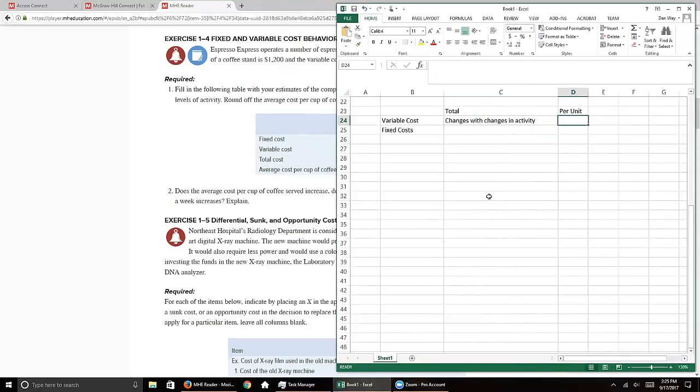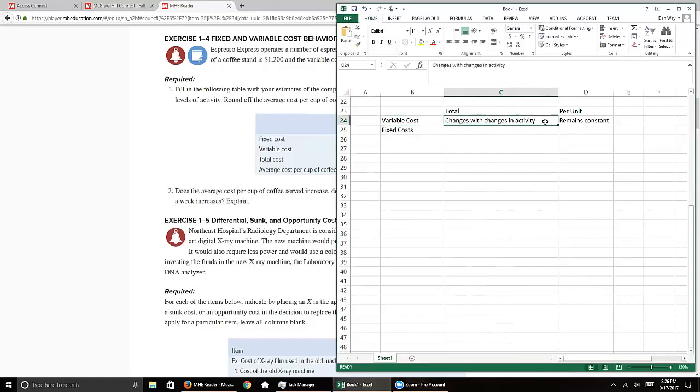On a per unit basis, though, a variable cost remains constant, or that's the assumption we typically make, unless we have information to indicate otherwise. Things like direct materials and direct labor are almost always variable. The more computers we make in our earlier example, the more hard drives we're going to need. So that direct material cost is variable, and it's proportional to the number of computers I make. But on a per unit basis, the cost of each hard drive is relatively constant. It's not changing, at least not within a short window of time.